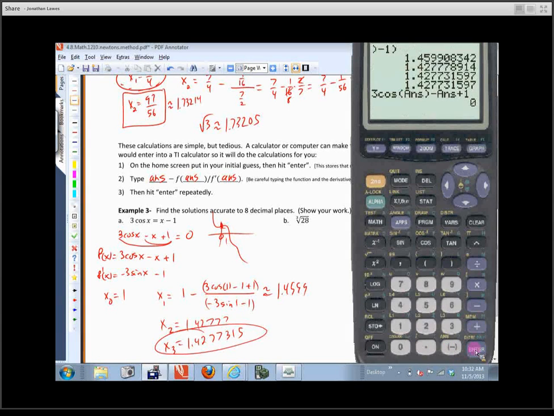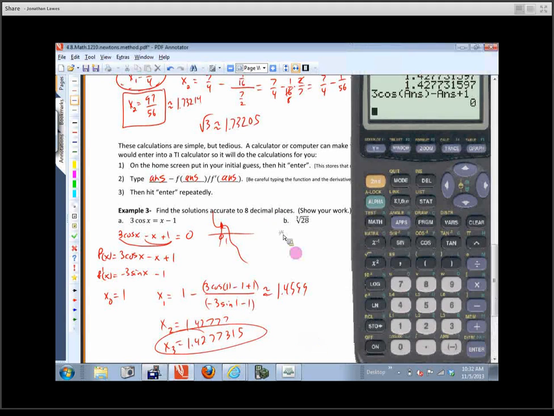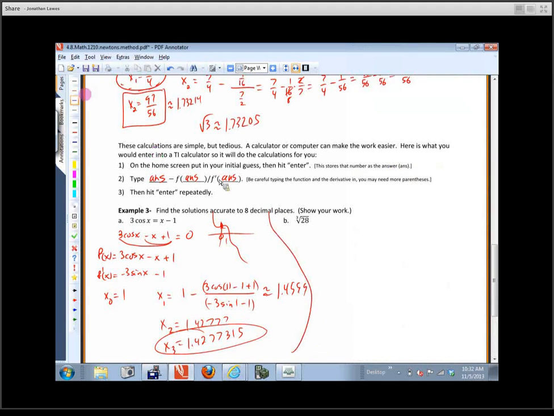If you had a graphing calculator, you could actually look at it and have it do the root finding capabilities on the calculator and find where it crosses. Any questions there? Not a good test question, but kind of interesting.